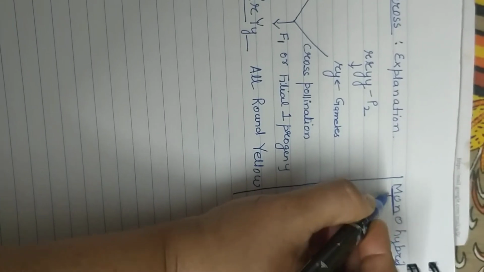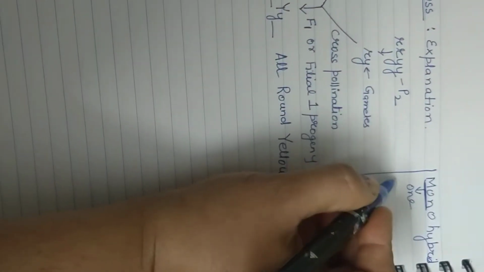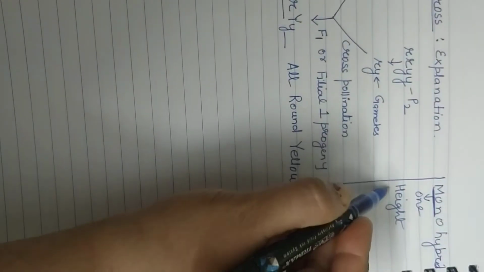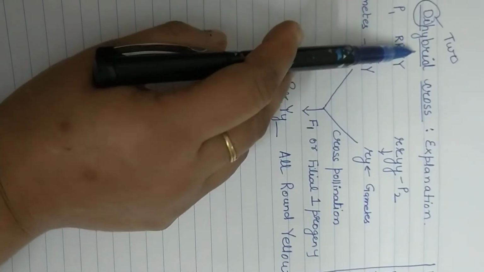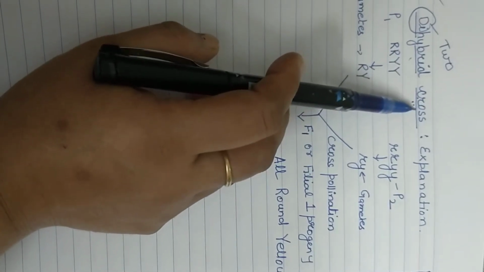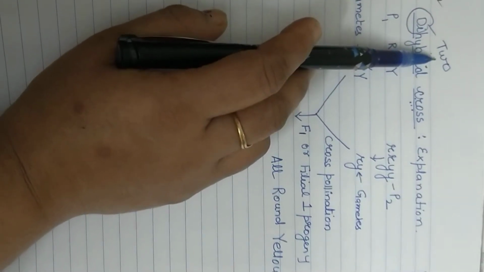Mono means one, single. He took only one character, be it the height or any other character of the pea plant. In this dihybrid cross, instead of taking one character's inheritance, he studied the inheritance of two characters.